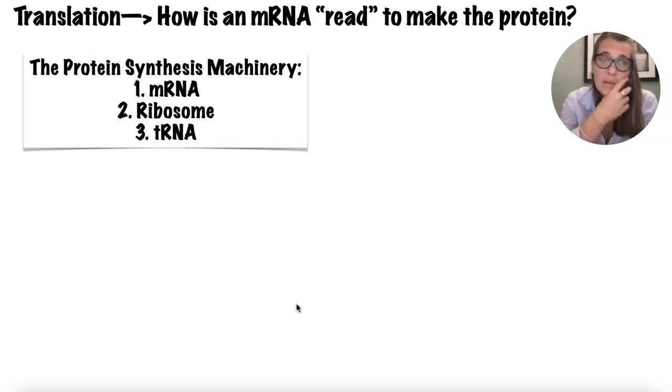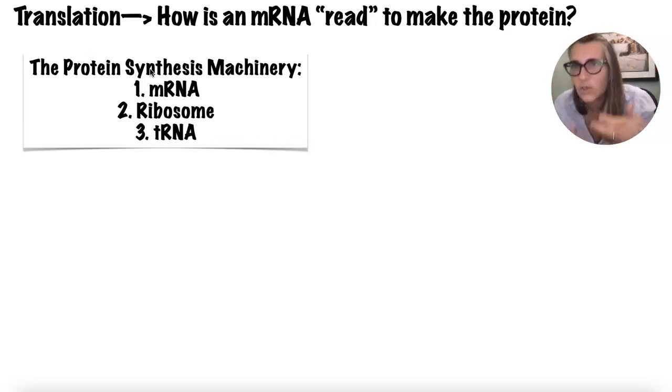Let's look at it. So first of all, as I told you before, we have 3 major players. These players are all RNA based. And we call this the protein synthesis machinery. Protein synthesis is the process of doing transcription and translation; translation is really the last part of the synthesis of proteins, making proteins.